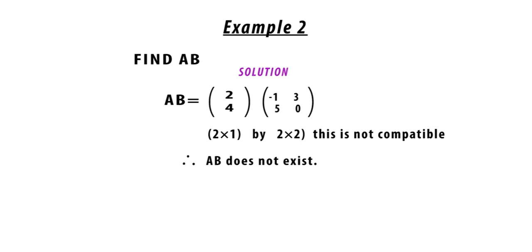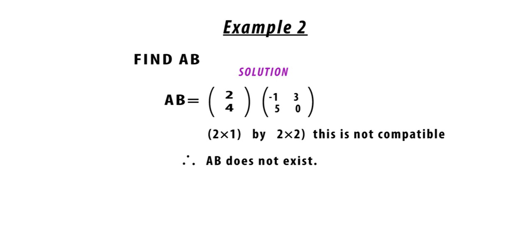The matrix A multiplied by the matrix B is equal to the matrix 2, 4 multiplied by the matrix negative 1, 3, 5, 0. So here we have a 2 by 1 matrix multiplying a 2 by 2 matrix. This is not possible because they are not compatible. So the matrix AB does not exist.